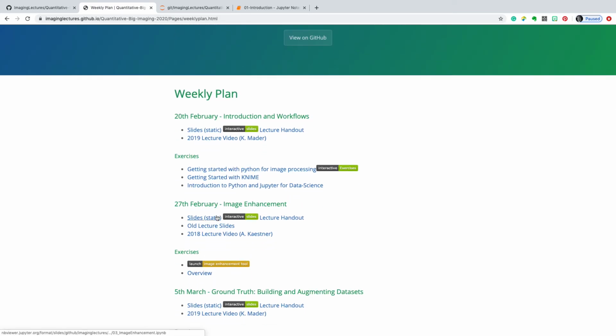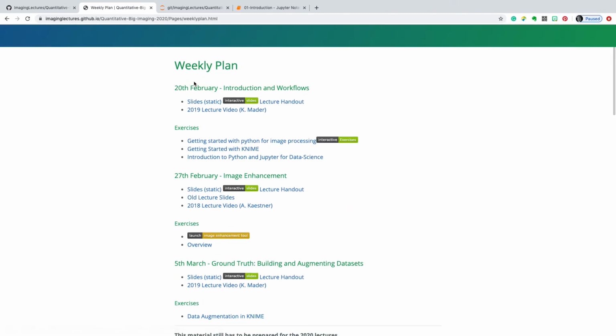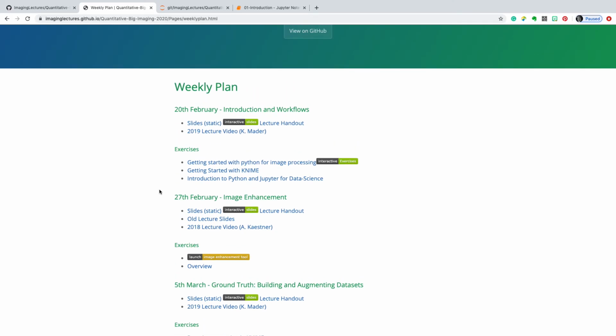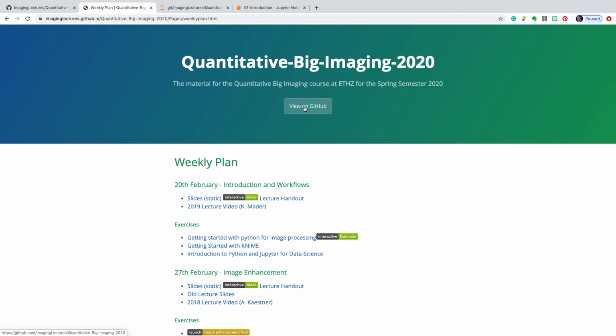And there you can see, first of all, you have all the slides, you have the exercises, and here you can download the material also. And if you want to download the whole material, then you can go to GitHub, either get everything as a zip file, or if you are working with Git, you can also clone the repository, then it's easier to update also if you want to do that.